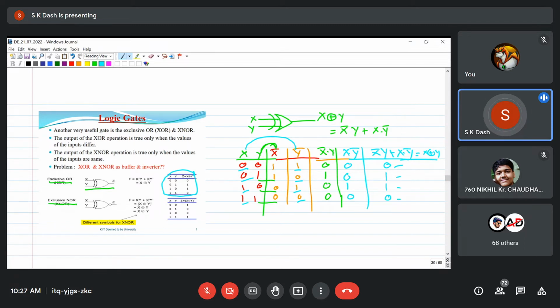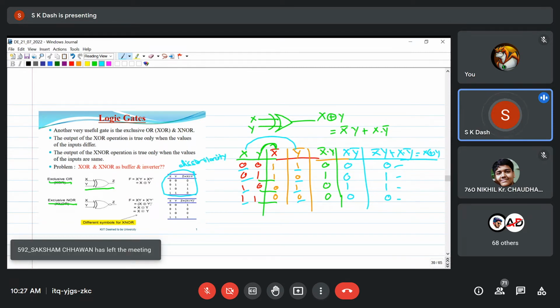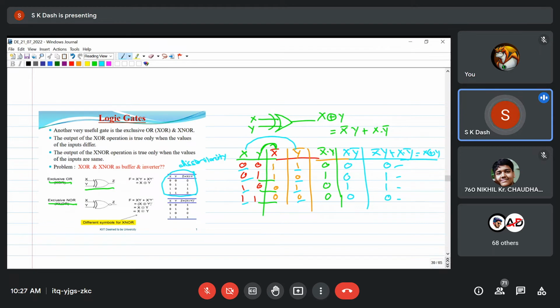So what this signifies: this exclusive OR tells us about the dissimilarity, or this output will be equal to 1 when both inputs do not match. When both inputs are different, then only the output will be 1.